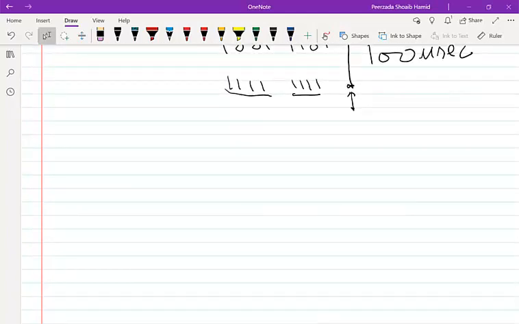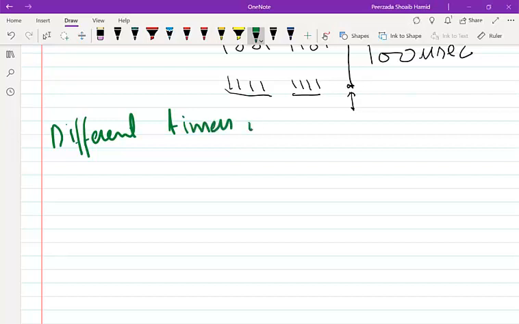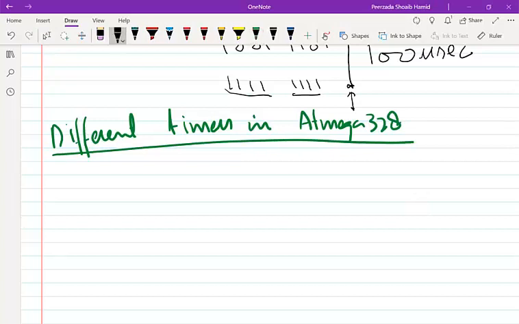So coming back to Atmega 328, what are the different timers in Atmega 328?